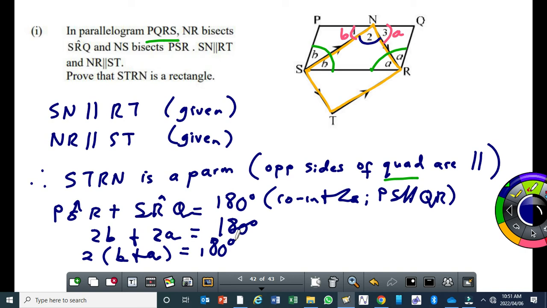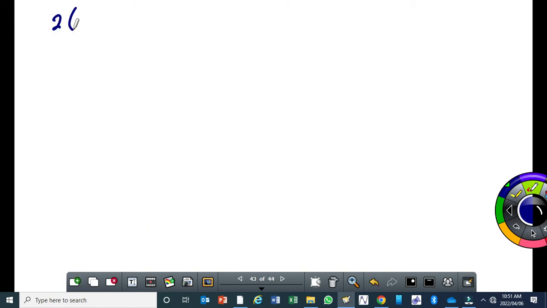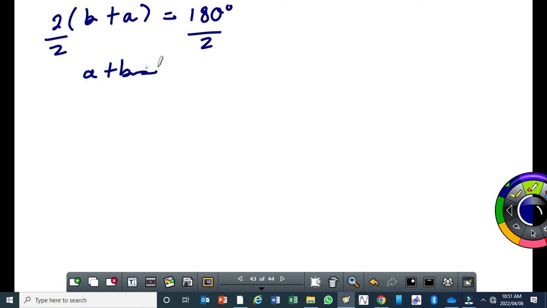If I divide both sides by 2, I'll end up getting A plus B is equal to 90 degrees. Do you see that?